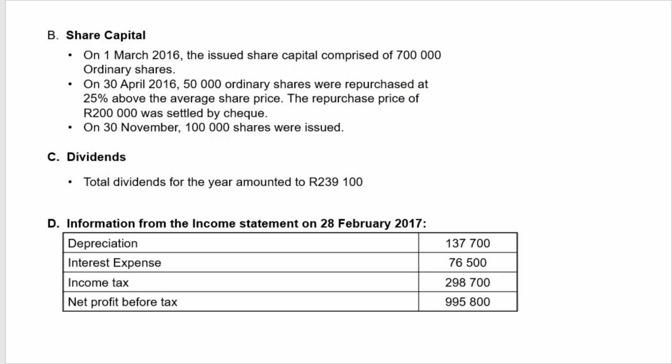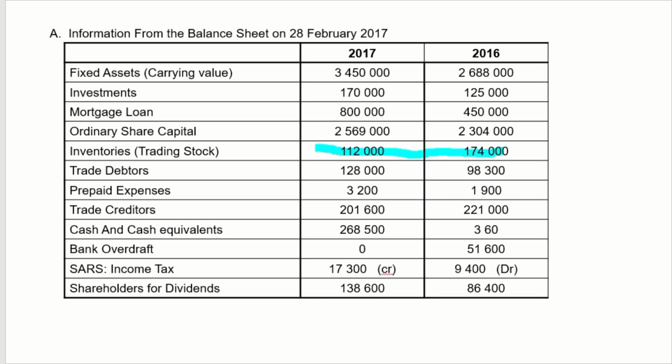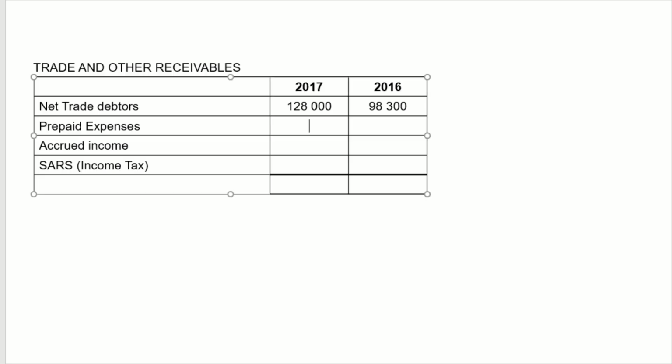All right. So now, in this case, we have our prepaid expenses 3,200 in 2017 and 1,900 in 2016. All right. So we're gonna come to our note again to say 3,200 on the prepaid expenses, 3,200 rands, and on the 2016 we have 1,900 rands, like this.